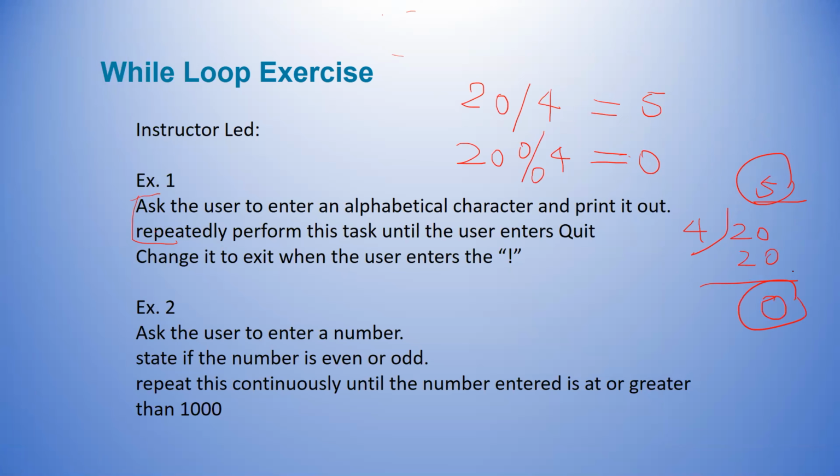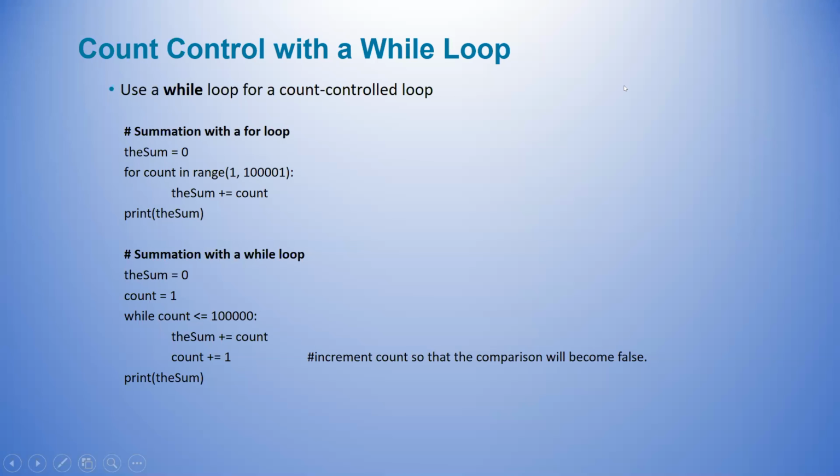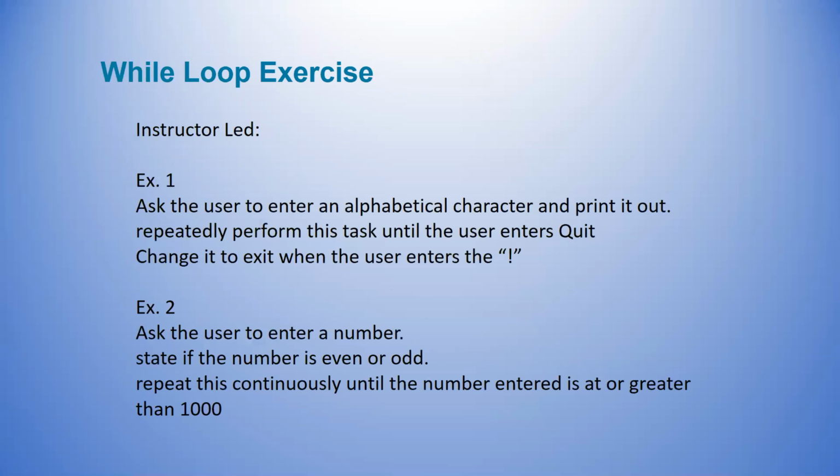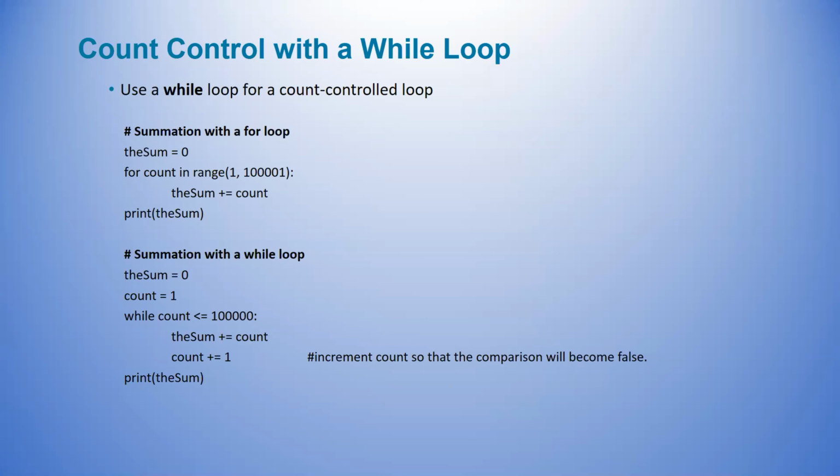This is the modulus, right? Modulus is the remainder and division is the quotient. Okay, that is the modulus operator. This is the next slide, okay? Here, we finished this one, right? Okay, now let's look at this one.